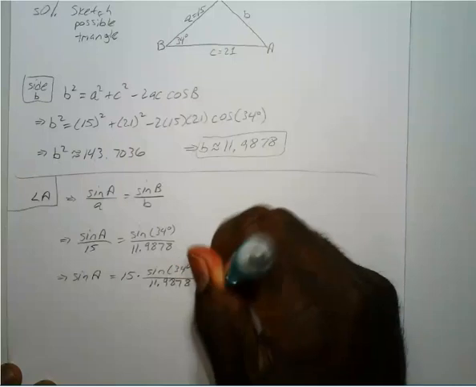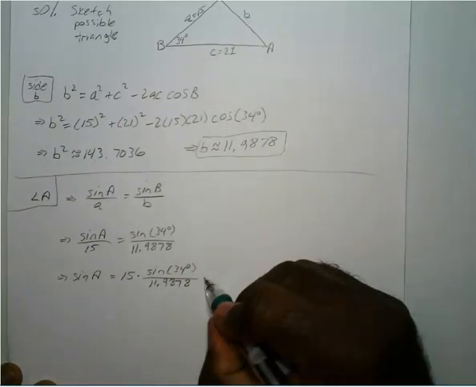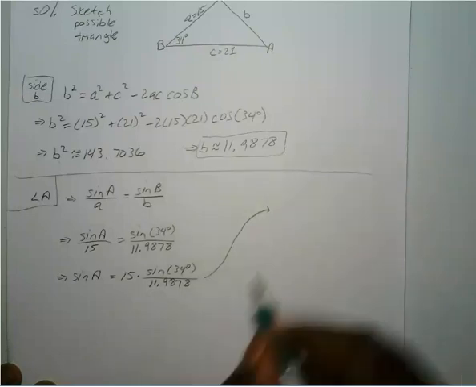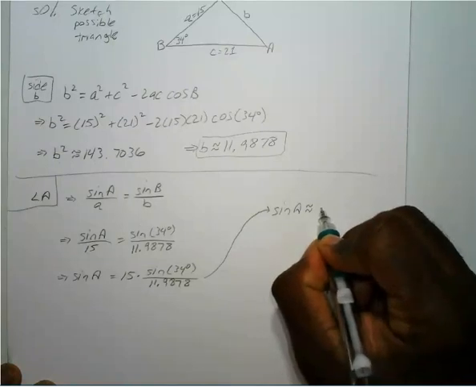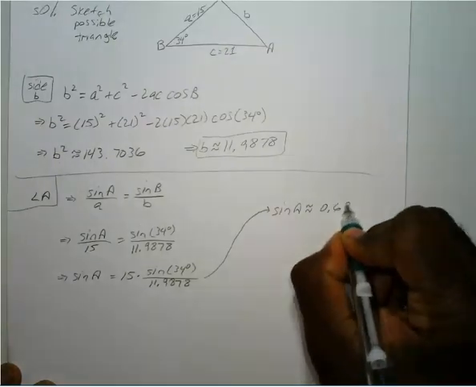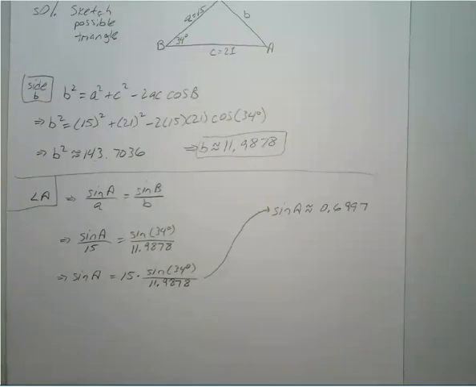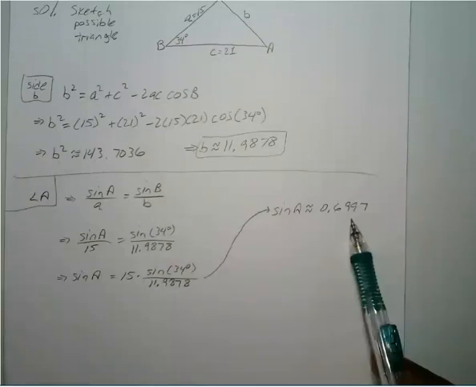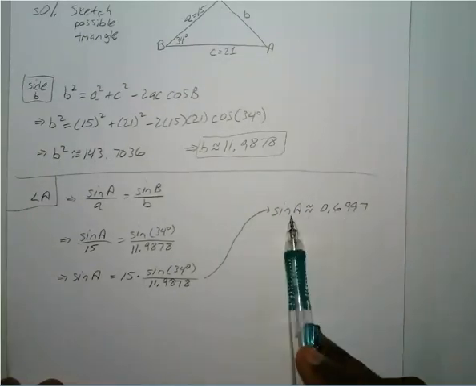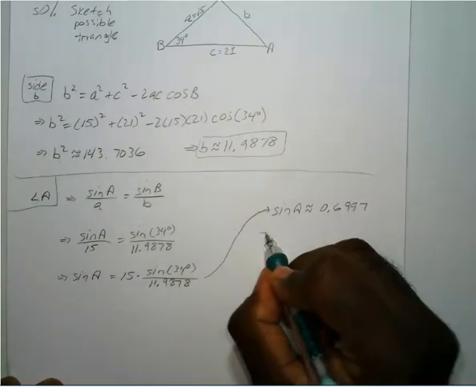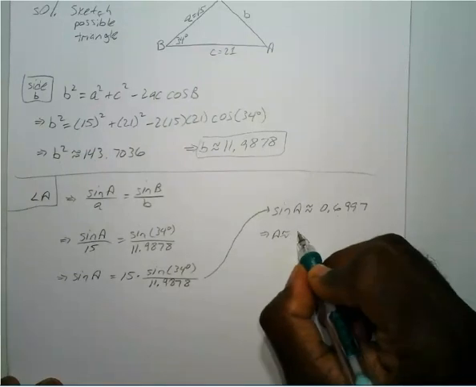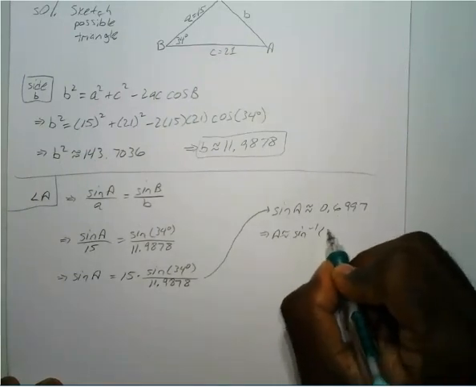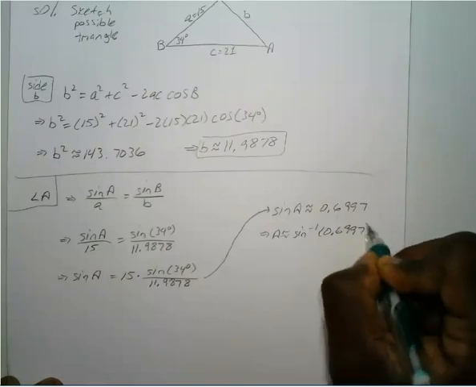Okay, let me move this up just a little bit. So we plug all of that into our calculator. It gives us sine of A is about equal to 0.6997. We see this value is between 1 and -1, so we know we can keep going. If we apply sine inverse to both sides, we get A is approximately equal to the sine inverse of 0.6997.